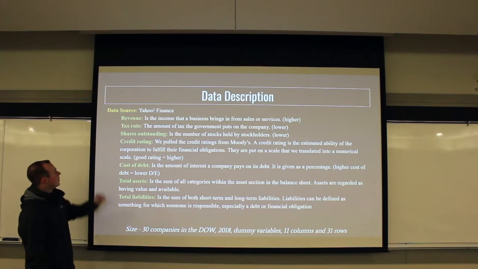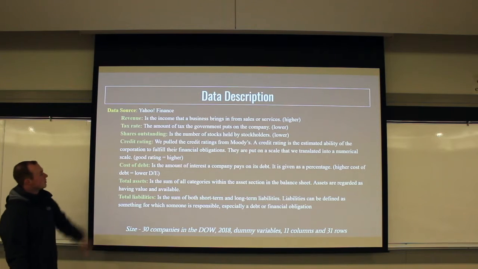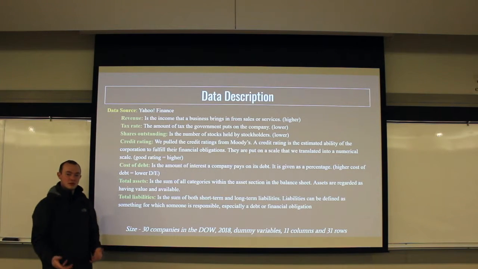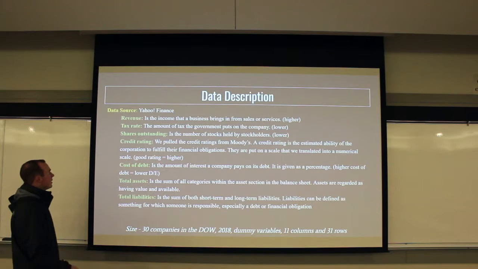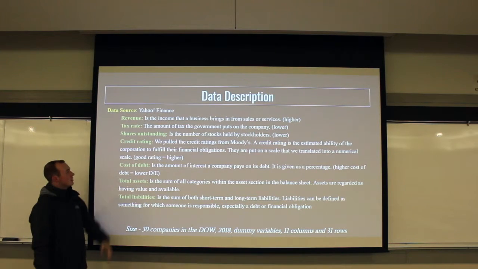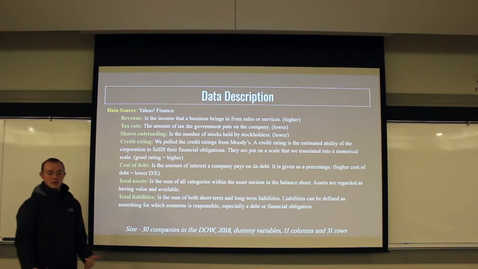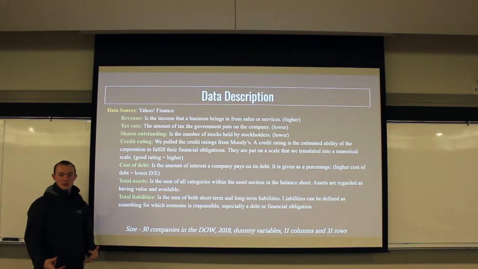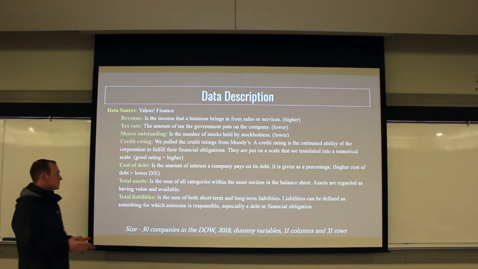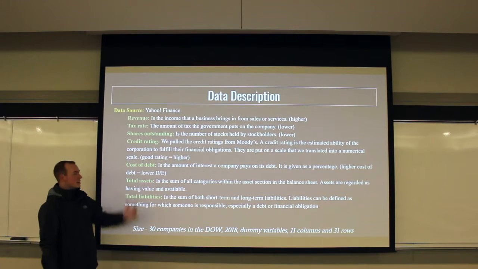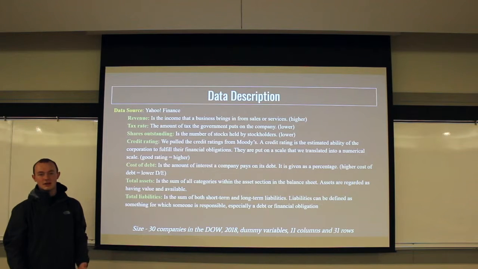Here you can see our independent variables listed out, starting with revenue. The revenue is all the income that a company brings in through sales. The second one is the tax rate, the amount of tax that the government puts on the company depending on multiple variables such as industry, size of the company, etc. Our third variable, shares outstanding, is the number of stocks issued to stockholders.